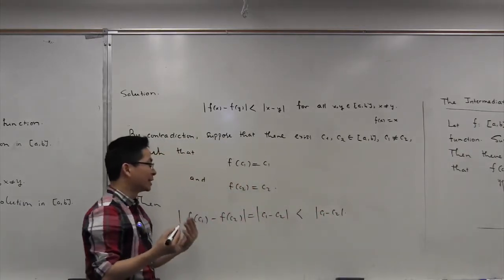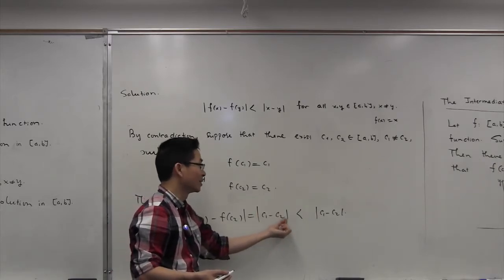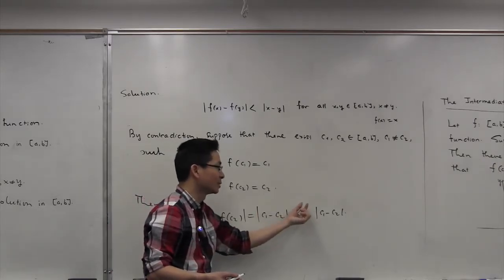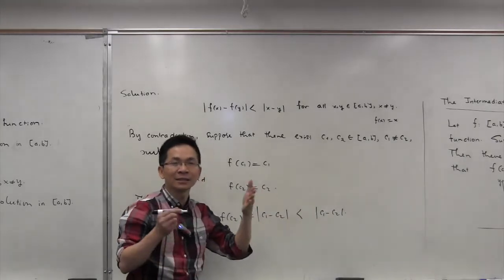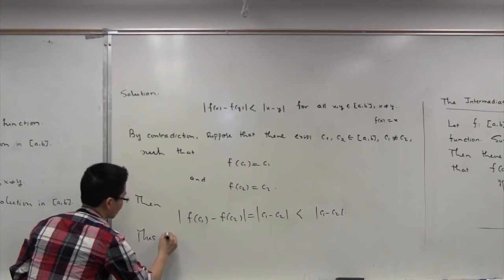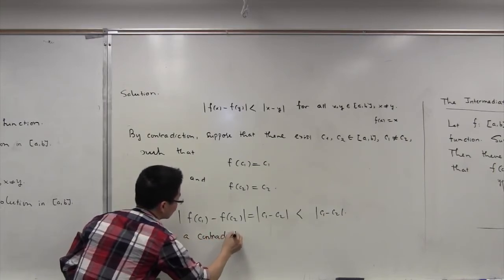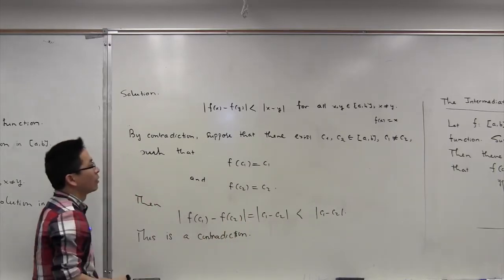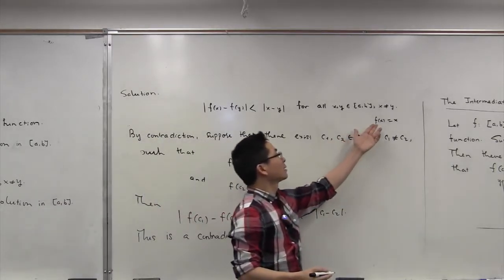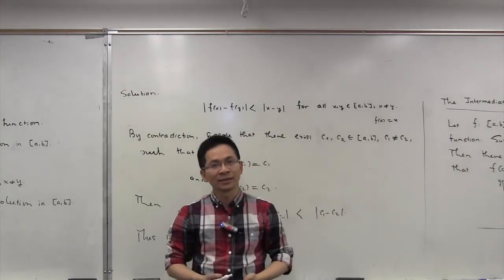Okay, so we can see that over here, the absolute value of C1 minus C2 is strictly less than the absolute value of C1 minus C2. This is a contradiction. Therefore, the equation f of x equals x has a unique solution in the interval AB.